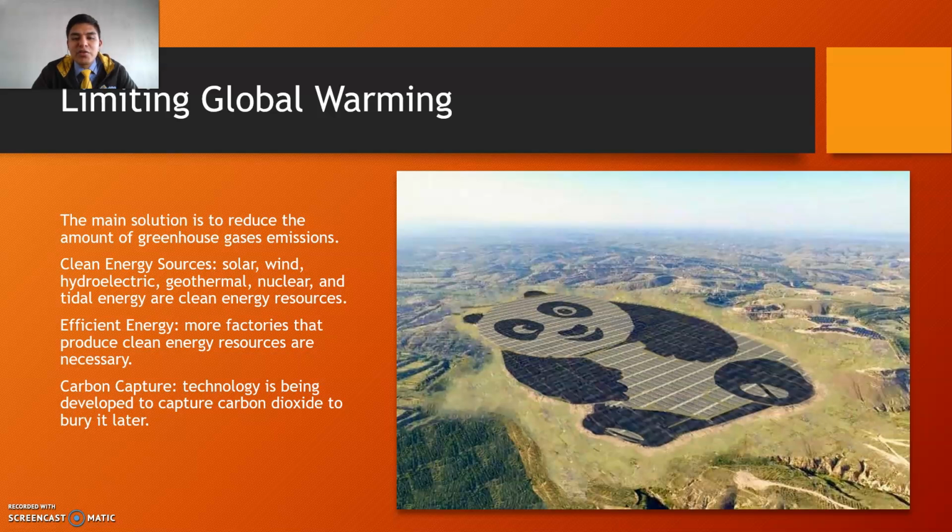And just one last thing, the picture that you can see right here on the right is a panda. But this is not Photoshop, this is not a fake. This is a real picture that was taken in China, where the government has started projects in which they use a lot of solar panels, such as this one, and they have shaped it as a panda, so it's a little bit more aesthetic, let's say.